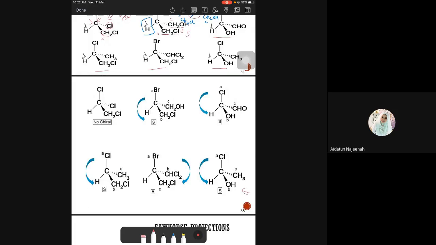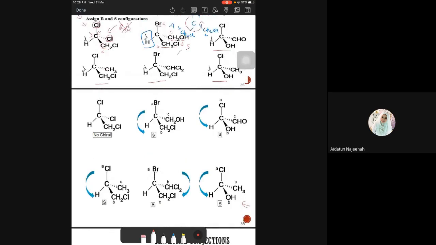After this, when you go back, try to look and see whether you can actually get the same configuration as given in the answer over here. So you have S, which is the same as this.